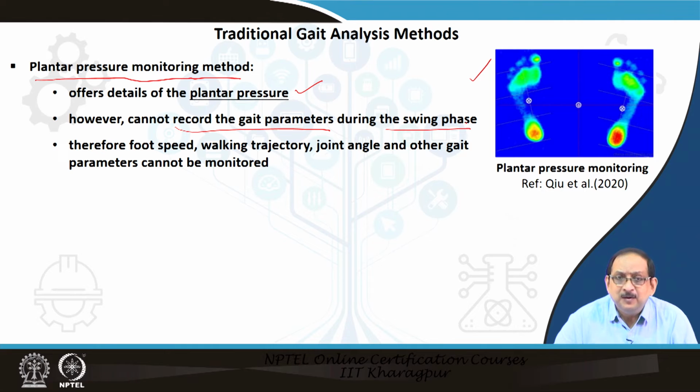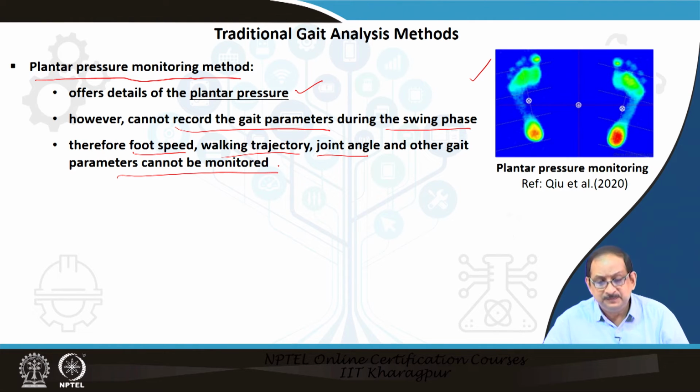Why? Because during the swing phase, the foot is not in contact with the ground. So, we cannot monitor plantar pressure during the swing phase. Therefore, gait parameters like foot speed, walking trajectory, joint angle and other parameters cannot be monitored by this process.